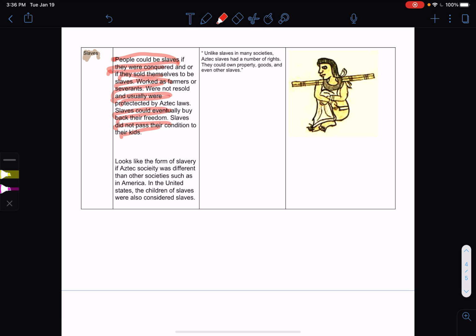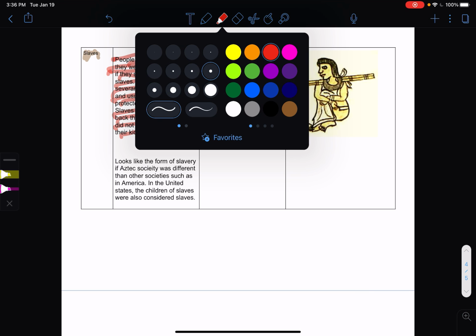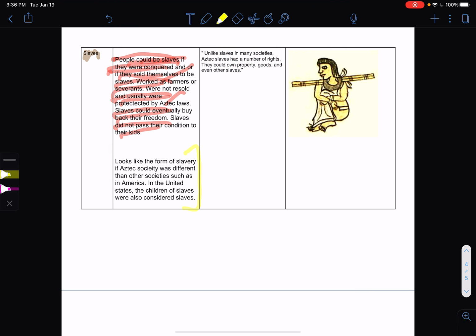This is a summary of the source, and I looked at both the News Daily article and the other document that I'm going to link. And here's the connection that I made. Oh my god, there are typos here, sorry. It looks like the slavery of Aztec society was different than other societies such as in America.